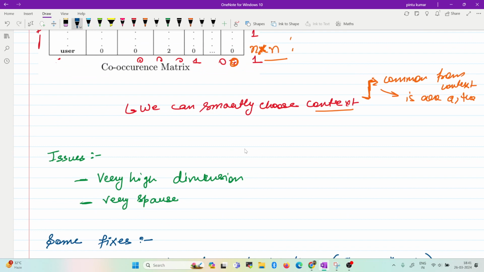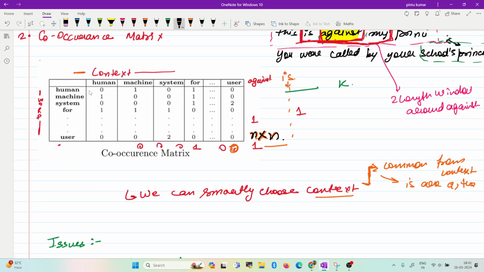Second, there are a few issues related to this particular method. First, as I mentioned, the size of the matrix would be n cross n. Every row would correspond to the vector representation of that particular word. So if you look at "human", this particular row is the vector representation of human.